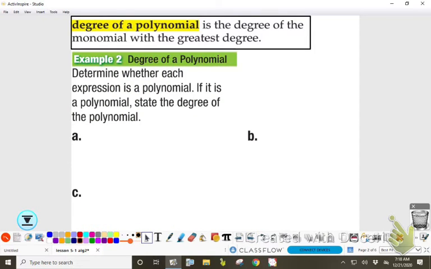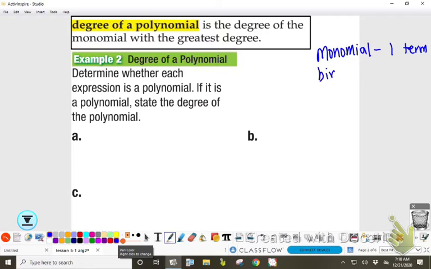Before we get into that, Delta Math is going to ask you if things are a polynomial, and then if they are, they're going to ask you to name what type of polynomial they are. So a monomial is one term. Just like I showed you on the previous page.